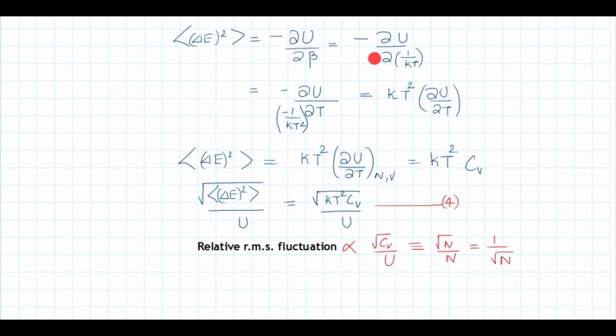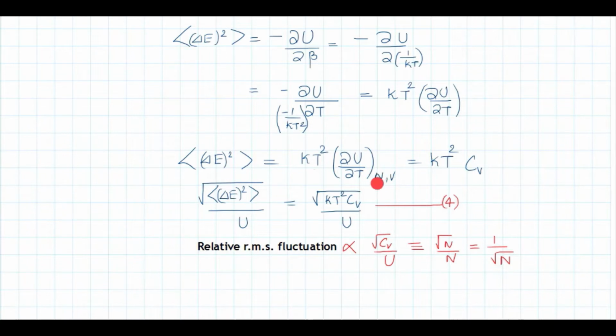You can take 1 by k outside, and derivative of 1 by t is minus 1 by t square dt. So you can write this as minus dou u by minus 1 by kt square dou t. This minus 1 by kt square goes to the numerator, that becomes kt square dou u by dou t. So mean square fluctuation is kt square into dou u by dou t at constant n and v.